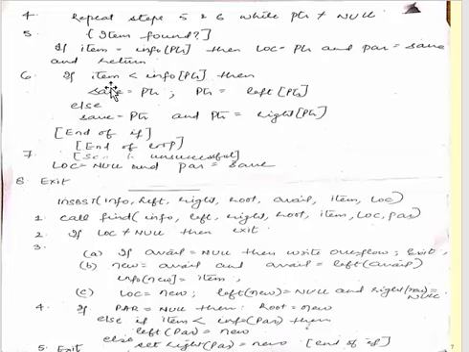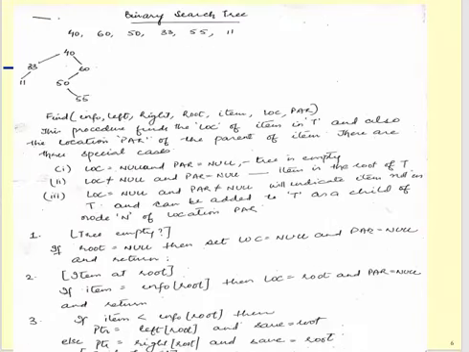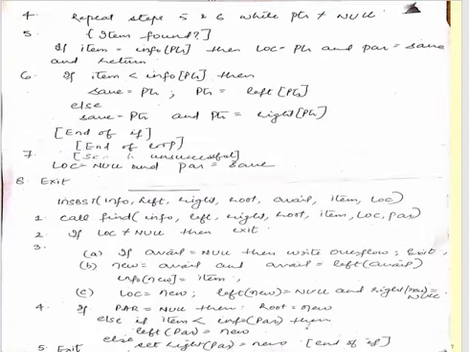Otherwise, if your item is not equal to info of pointer, it would be lesser than or greater than. If it is lesser than, pointer would become left of pointer. If it is greater than, pointer would become right of pointer. Like in this example, if I want to insert 45, I got the location; PAR is pointing to 50. So this thing you need to remember.